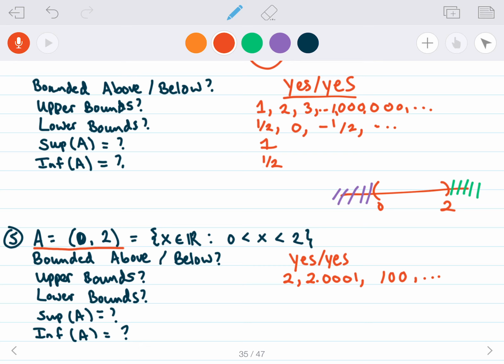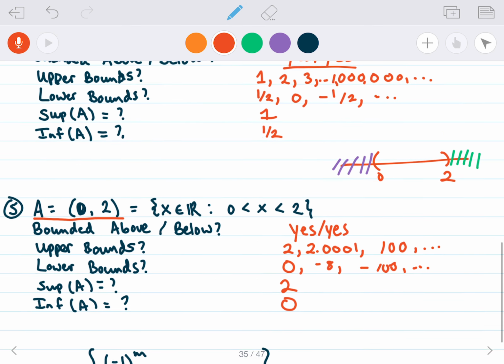Lower bounds: I can say 0 is a lower bound because 0 is less than or equal to anything in the set. I can say -8. I can say -100, whatever. The supremum is the least upper bound, so that's going to be 2. And the infimum is going to be 0. Okay, just like that example with 0 and 1.